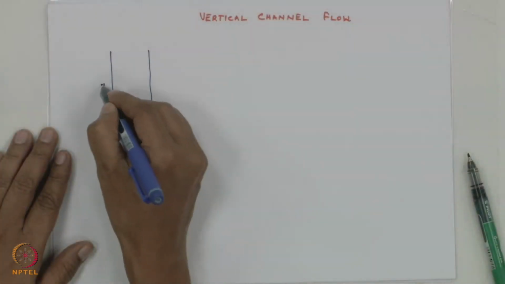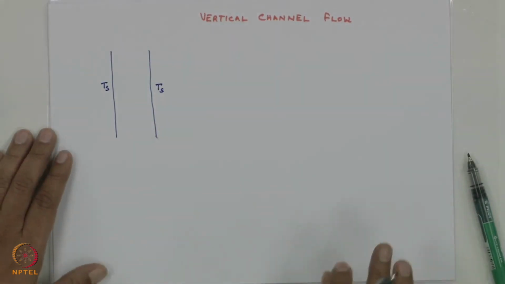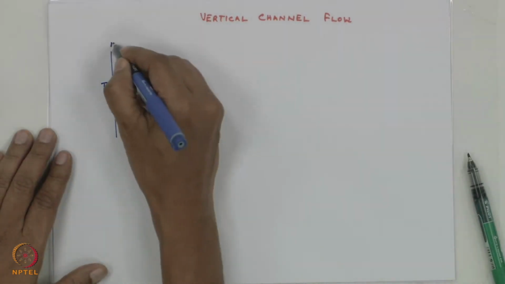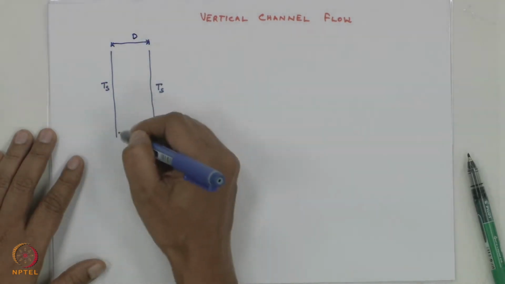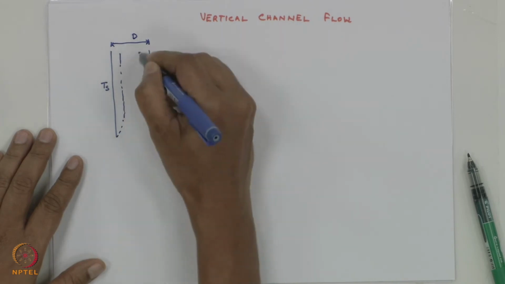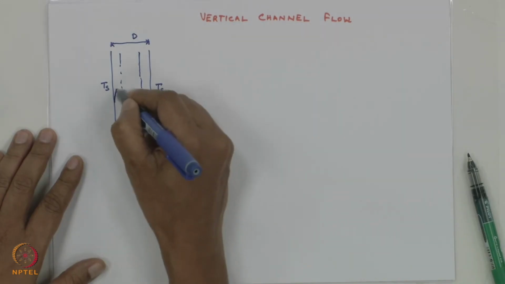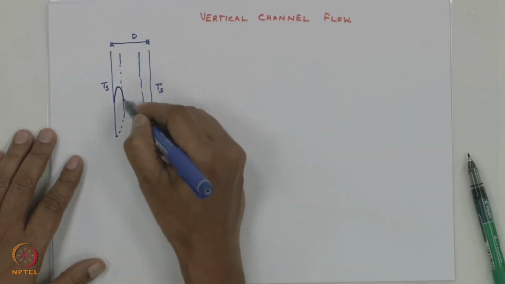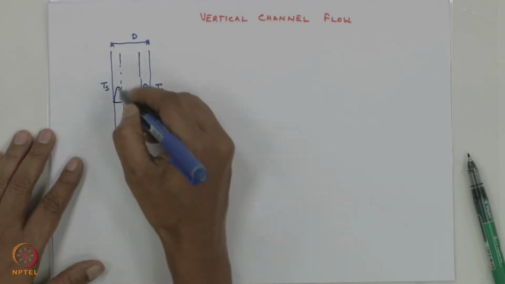If my plates are far apart, these two plates are maintained at Ts and the distance between them is d, and the boundary layer grows. This is my natural convection boundary layer. That means one is not interacting with the other. So you have the temperature profile like this, and again you have the velocity. This is the velocity profile.